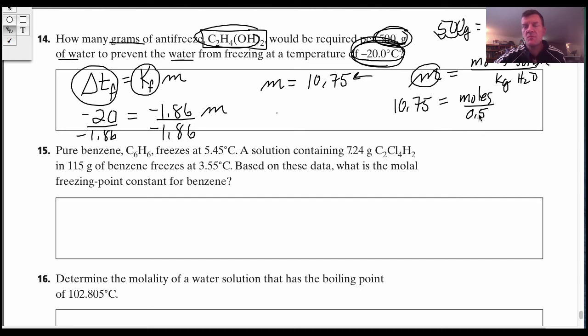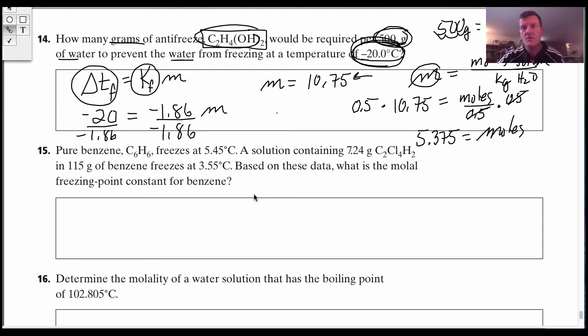And that's going to give us the number of moles. So I'm going to multiply both sides by 0.5. And when I do that, this is going to be what? 5.375, okay? That's your number of moles. Now, you have to be careful here. It's not asking for the number of moles.